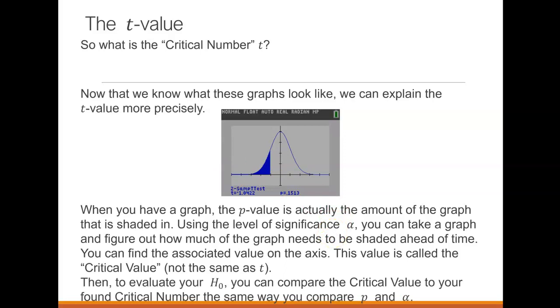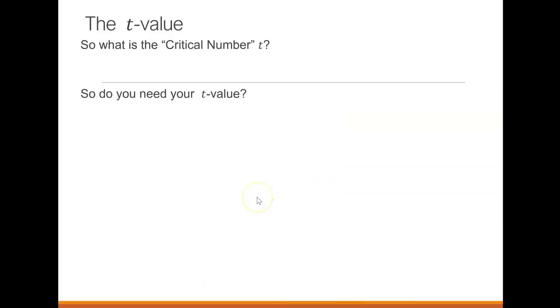Then we can take that critical value and compare that to our critical number, much in the same way we compare p and alpha. So doing that, do you need a t-value? Nope.